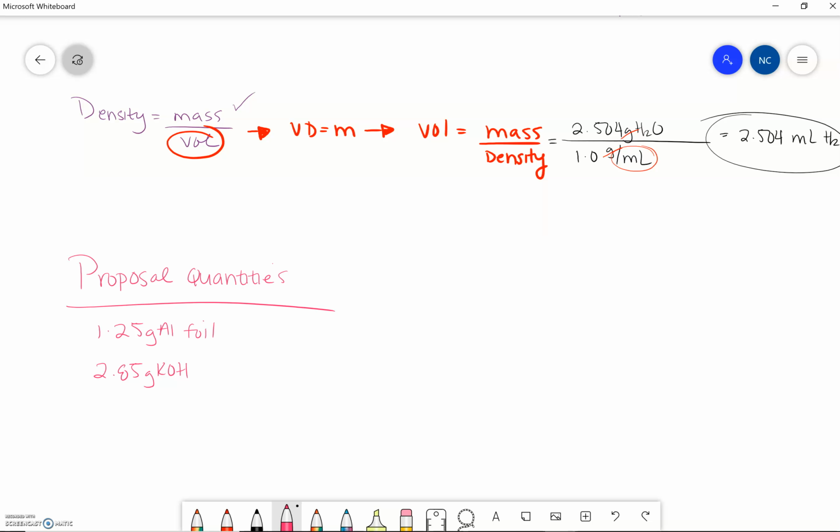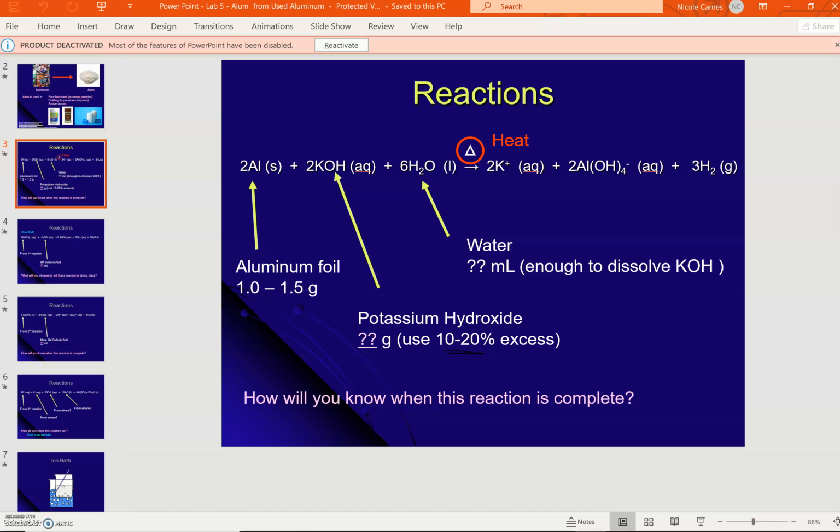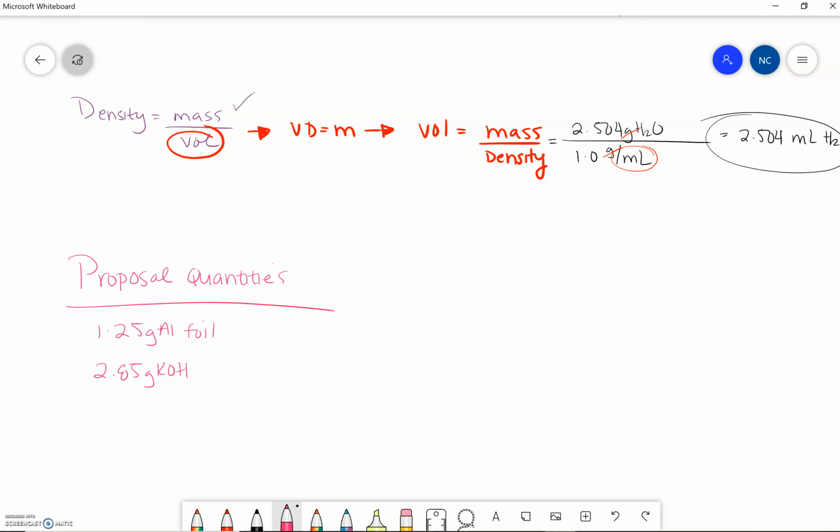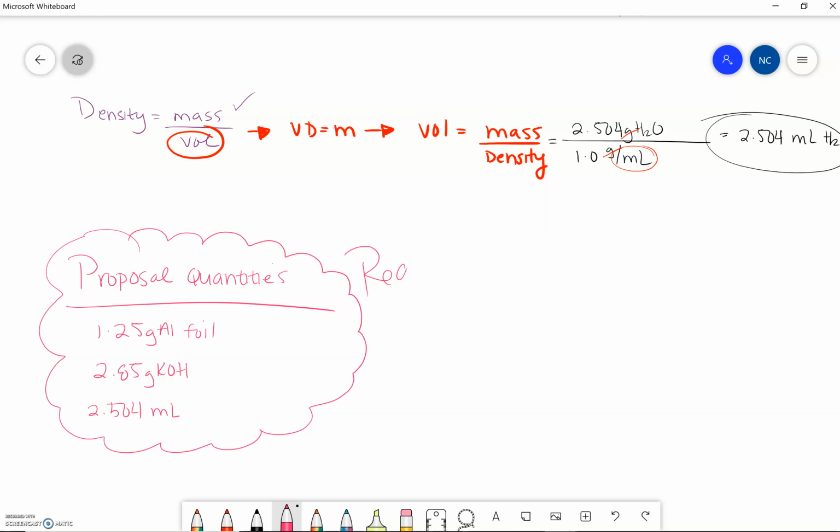And then the amount of water to dissolve the KOH pellets, which is 2.504 milliliters. You should have these quantities so far in your proposal, and these are all just for reaction 1.